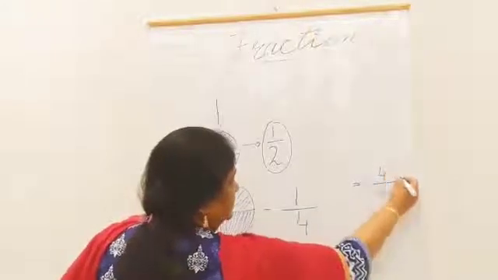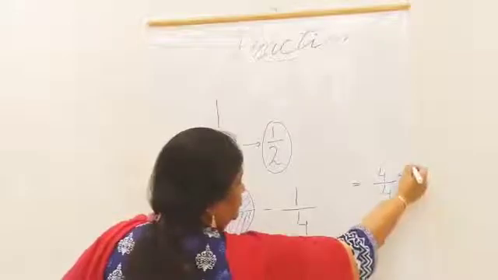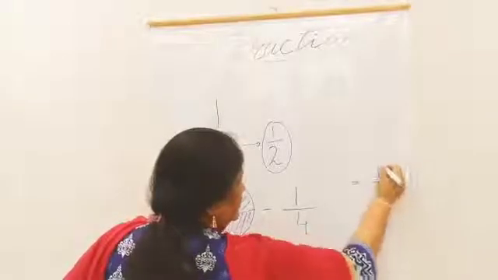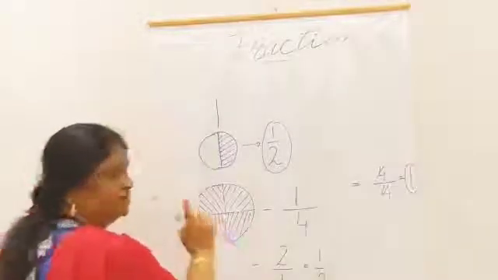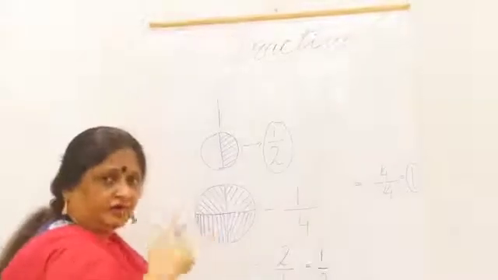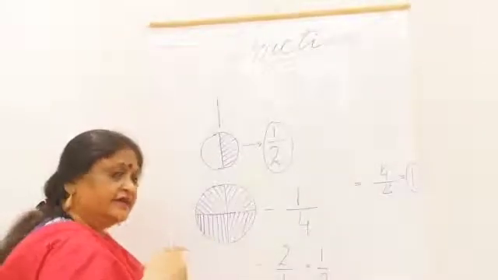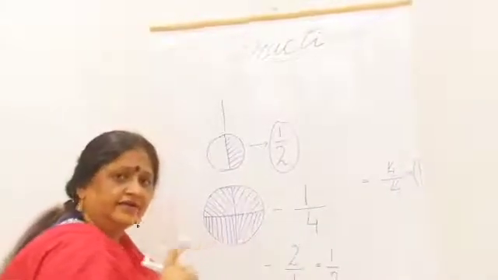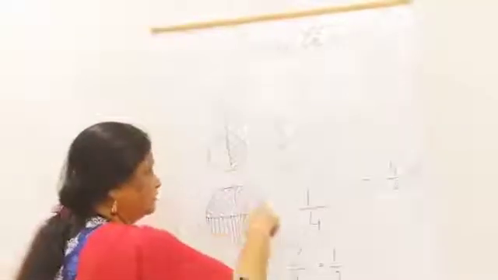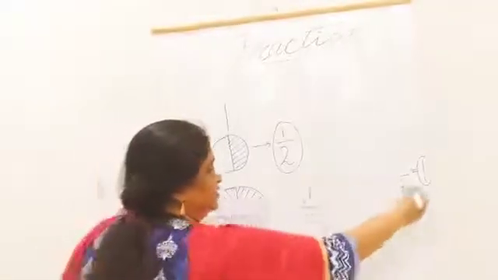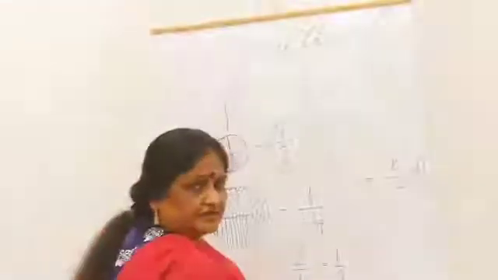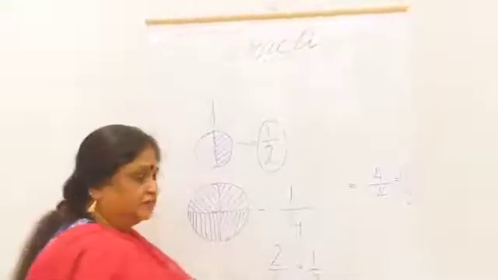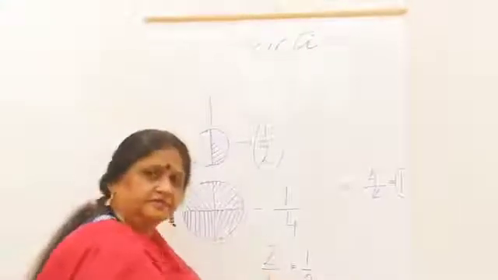That means the full circle has been used by the friends. We all have divided it equally. That means the whole circle is used up, so no part is left now.